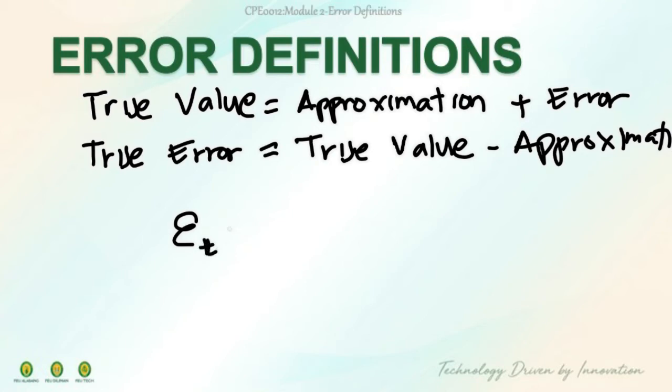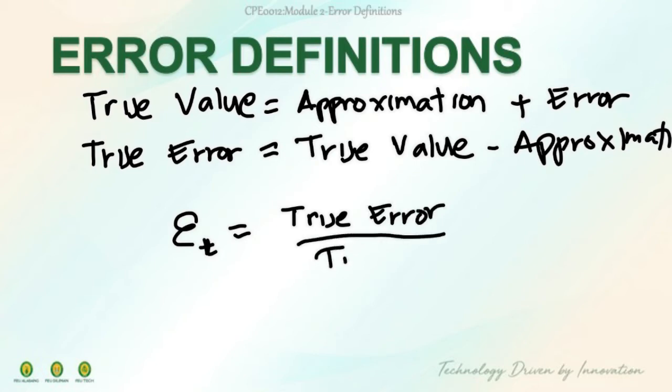Epsilon of t is the percent relative error, that is just equal to the true error as defined divided by the true value, and to make this percent relative error, we multiply it by 100. That is the true percent relative error.